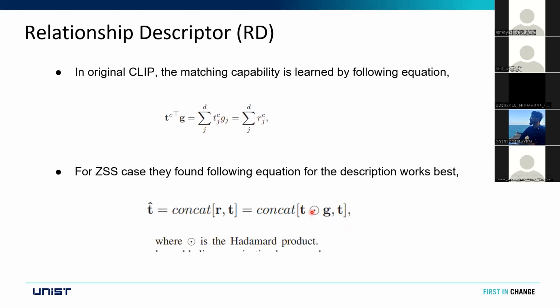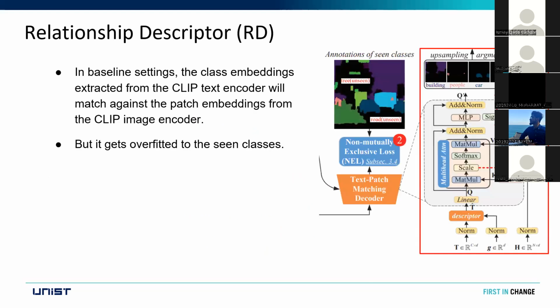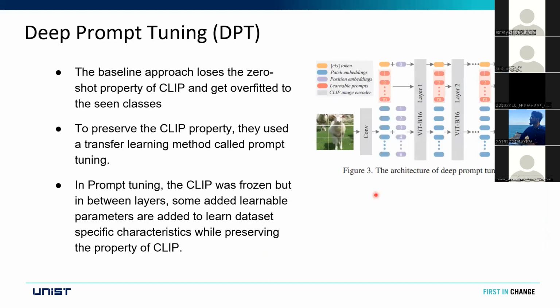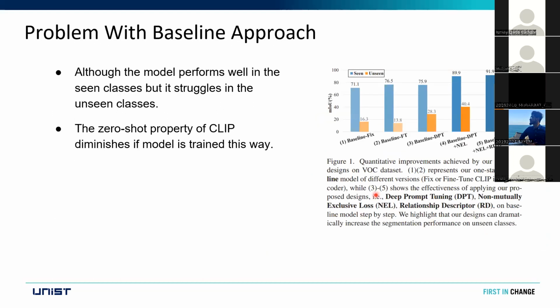This one is the Hadamard product of both, and they concatenate both to get the final relationship descriptor and input it into this text patch matching decoder. That improves the accuracy significantly, as shown here. It improves the accuracy to 77.8 from 40.4.